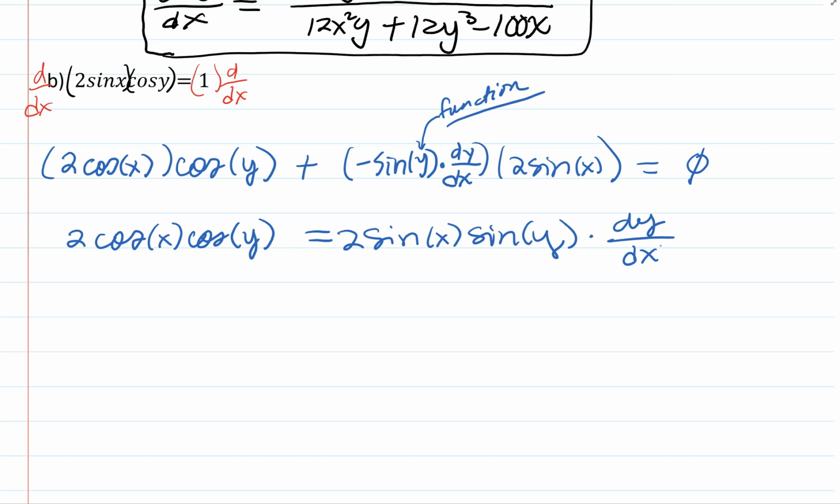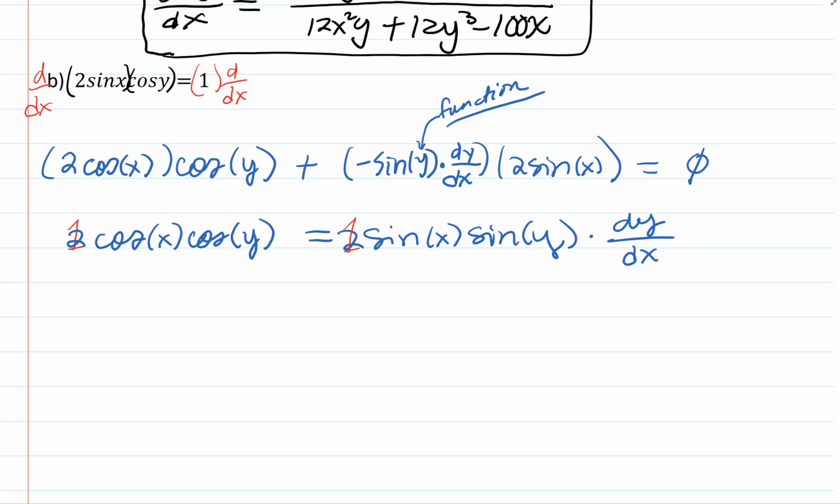Okay, so the last thing to do is to divide. And 2 divided by 2 would be 1, so we can say that 2 is no longer there if you divide both sides by 2, right?